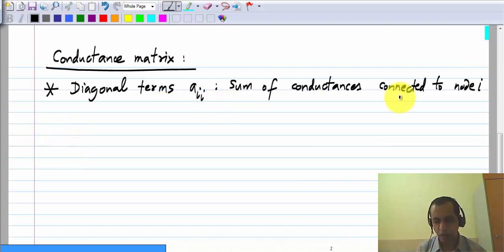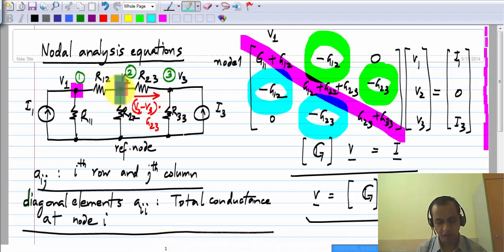Right? And it's quite clear why this happens, because again we are summing all of the currents flowing out of, let's say, node 2. Now there are 3 currents here through G12, through G22 and through G23.